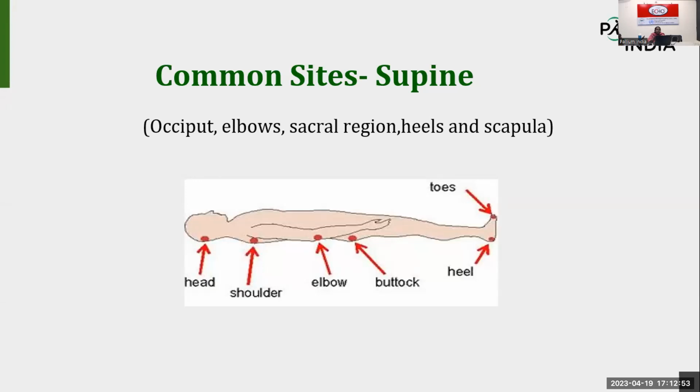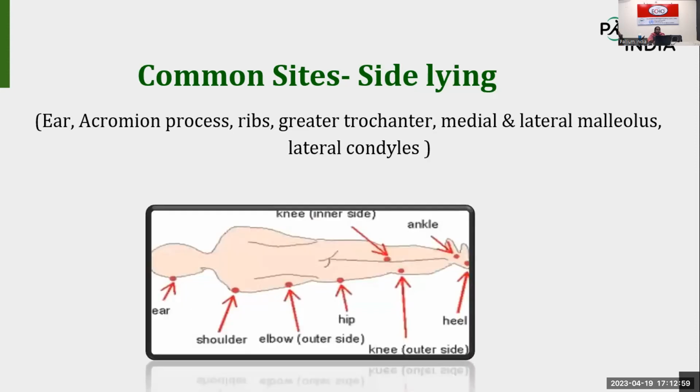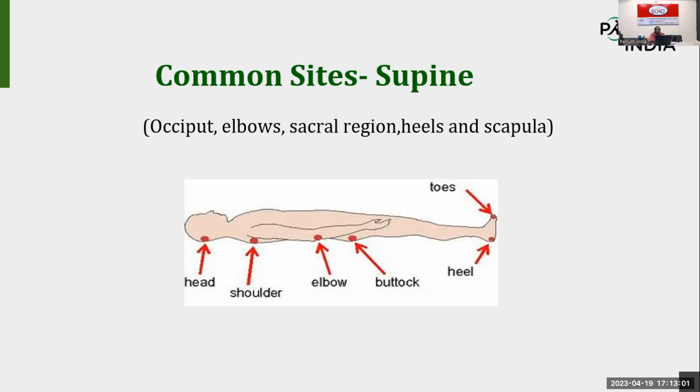Why I am telling these pressure points is, when we turn the patient from supine position to side lying position, you have to give special attention to these areas. Because if there is any color change there, we need to prevent further pressure on that area. If we identify it earlier, we can prevent further deterioration.